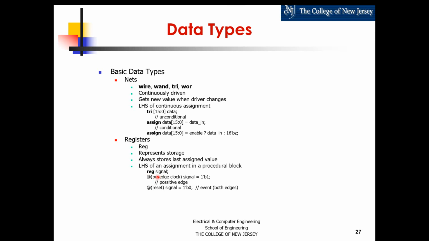So here we're declaring signal as a reg, and we have this syntax, always at posedge clock, signal equals 1'b1, which means binary 1, okay? Posedge means that we are saying that this happens and is sensitive to a positive edge of some signal, in this case clock.